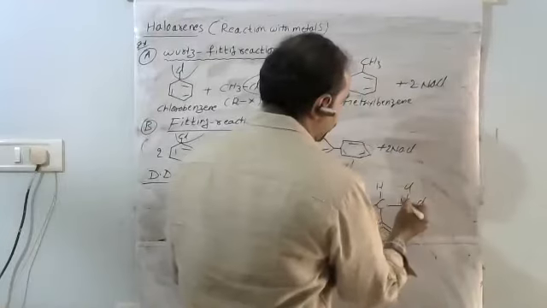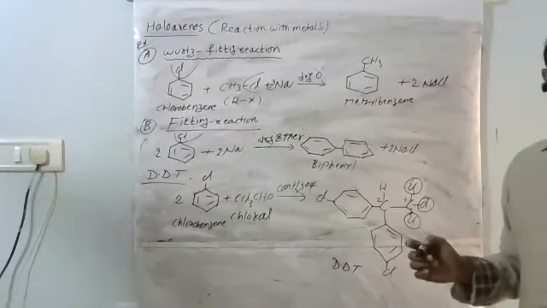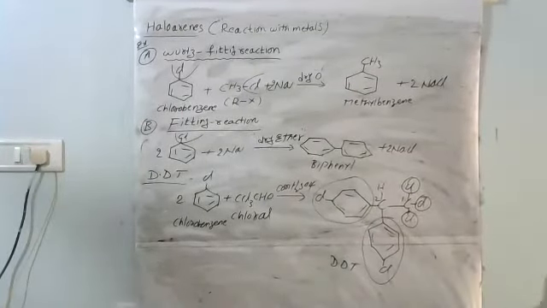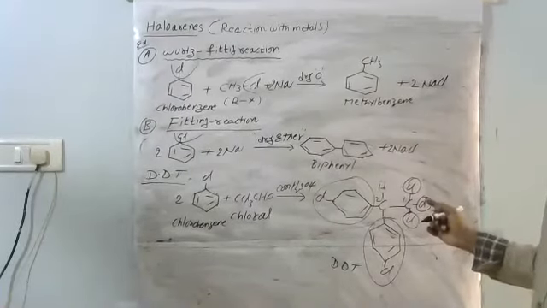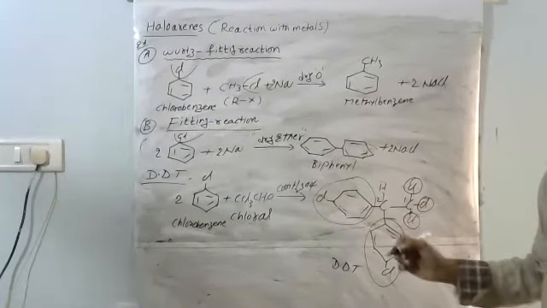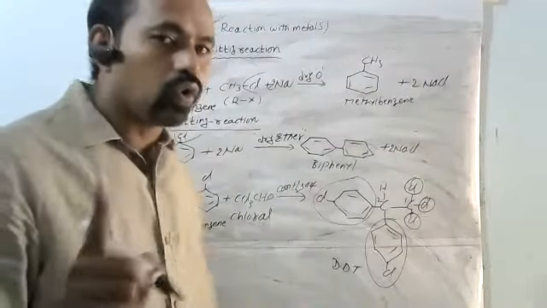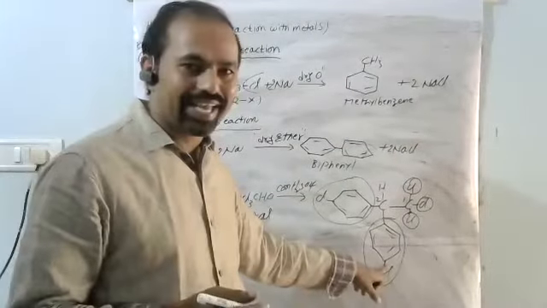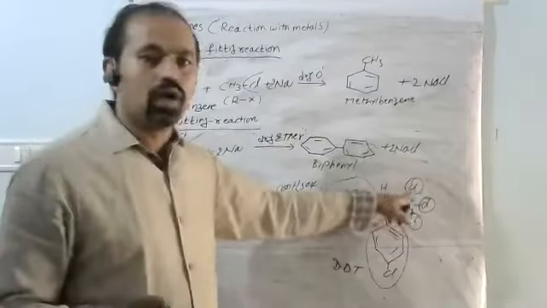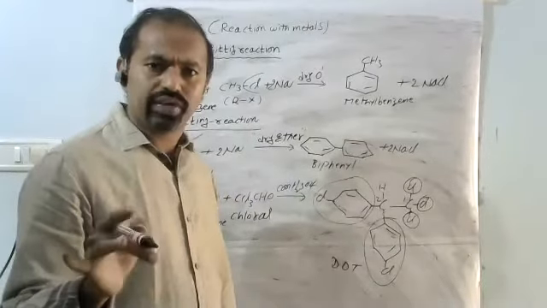IUPAC name, take a look. It is a first carbon, second carbon, 1,1,1-trichloro, 2,2 are the big substituents. 2,2-bis, in brackets what we can take? 4-chlorophenyl, ethane. So what is the correct IUPAC name? 1,1,1-trichloro-2,2-bis(4-chlorophenyl)ethane.